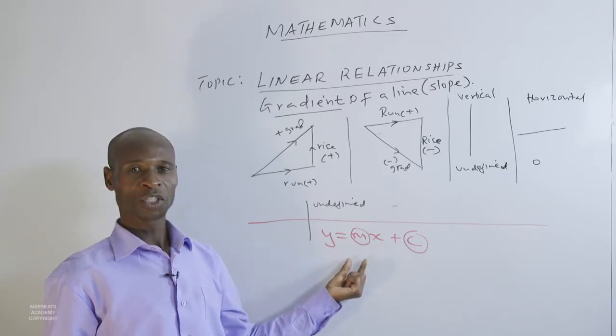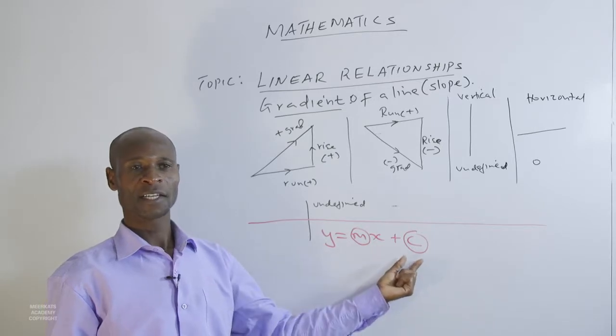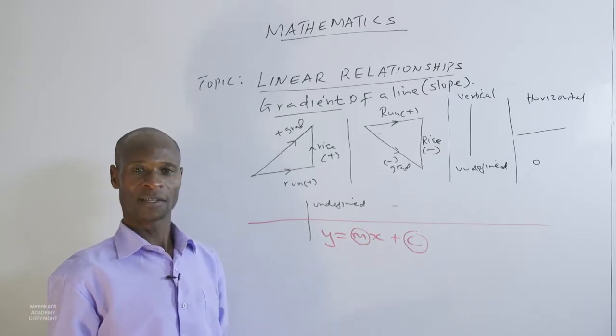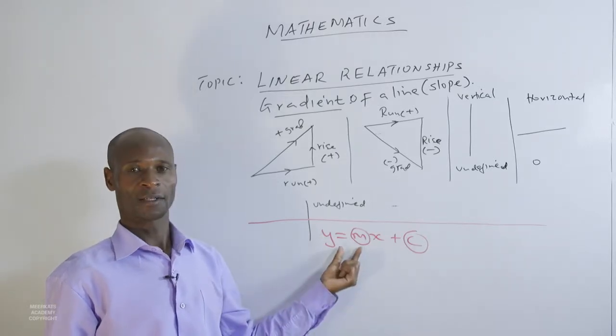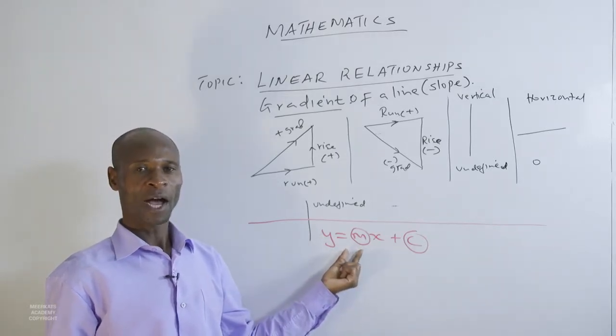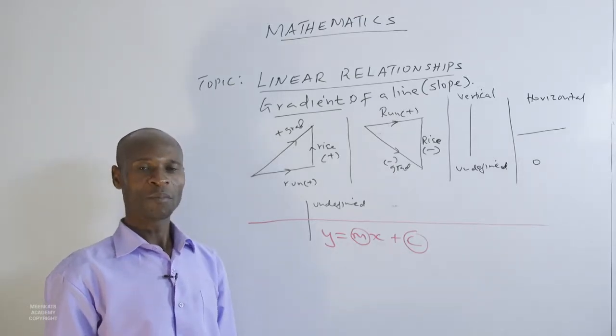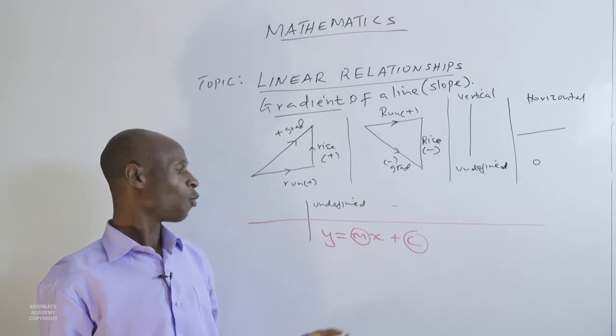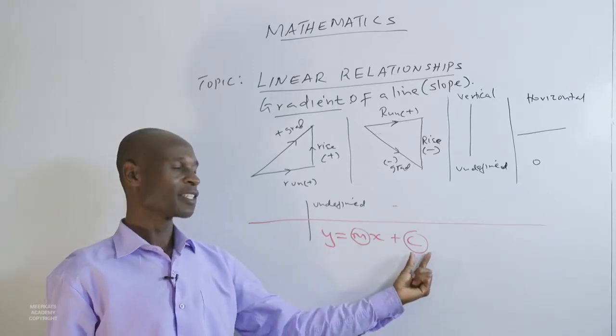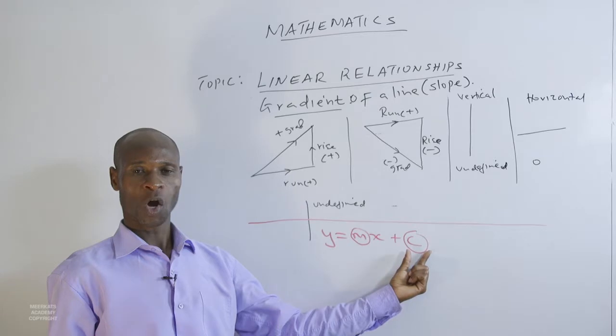We did also mention that m and c are constants, but we did not go further and tell the meaning of m and c. So in today's lesson, we shall understand what m represents and what c represents as a constant.